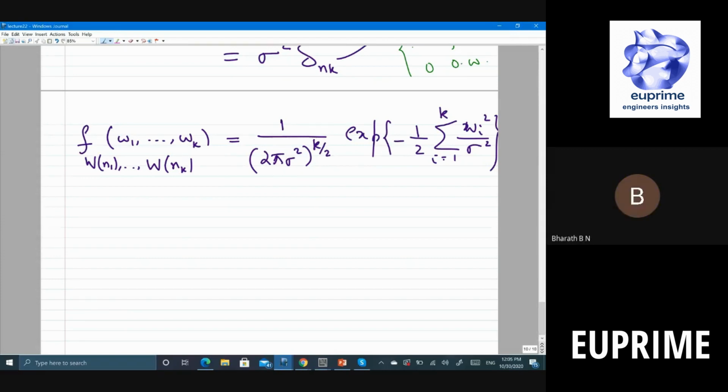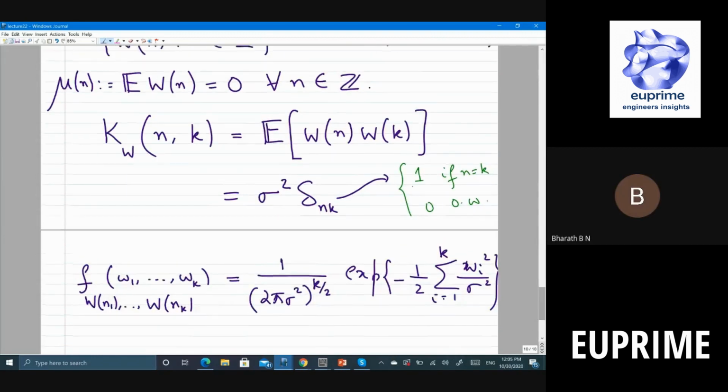Sir, can you explain once? Here you have said there are two times, n and k. So this is the covariance, right? But whenever n is not equal to k, this covariance is 0. That means if you look at the covariance matrix of k random variables, the diagonals will be non-zero. Otherwise, everything else will be 0.